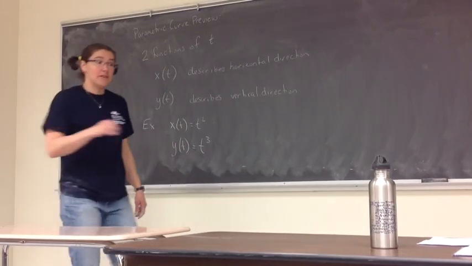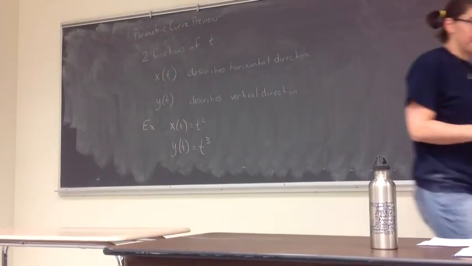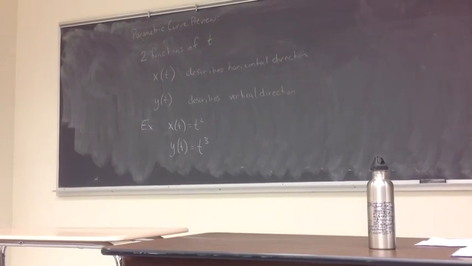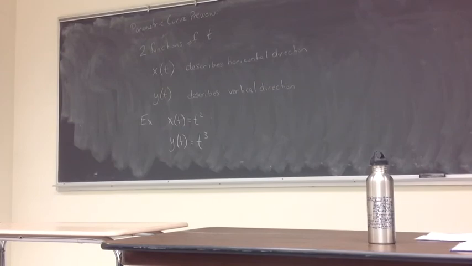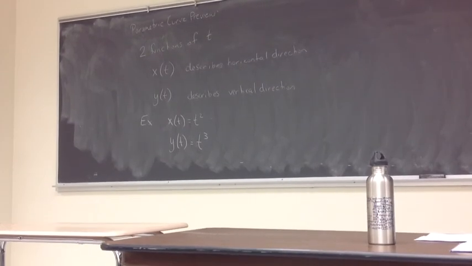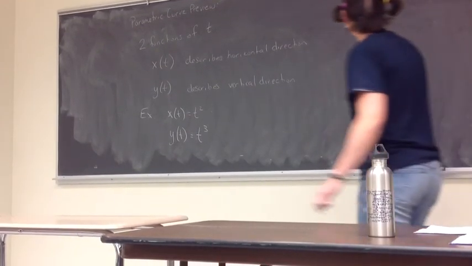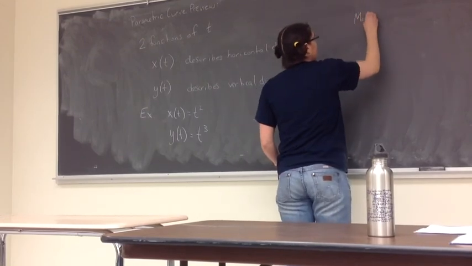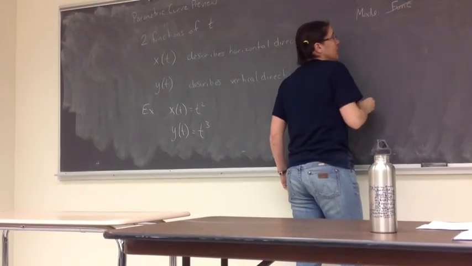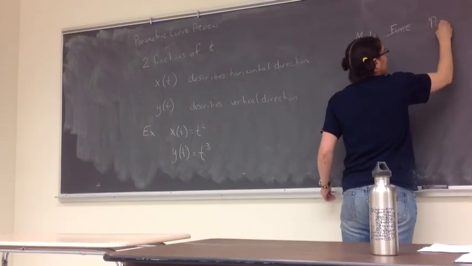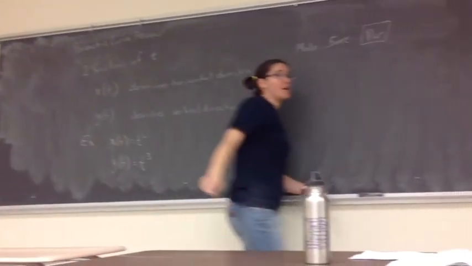Now, if you have your calculator, you should pull it out. If you go under mode, cross off function and click on PAR for parametric.